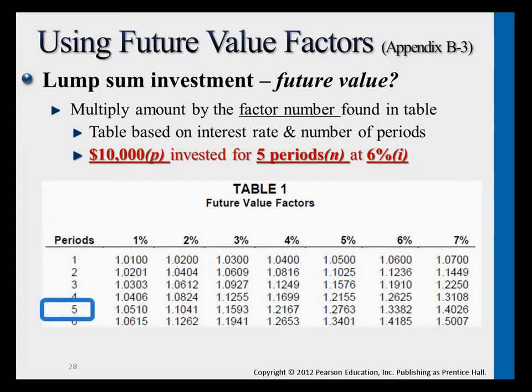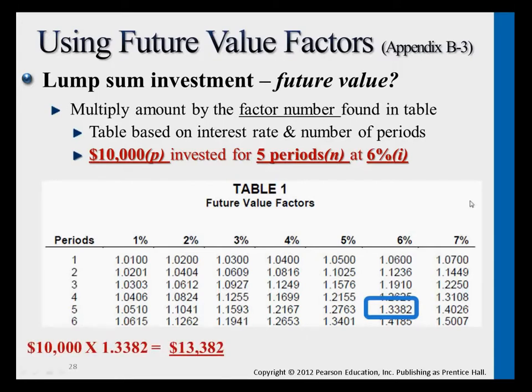We know it's 5 periods, 5 years. We go down the table and choose 5 periods. And we also know it's a 6% rate, so we go all the way to 6%. This is the number that we will use. So the calculation is 10,000 multiplied by this number that we just found from the table. Does it make sense?